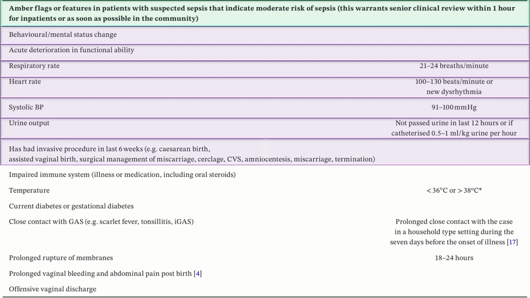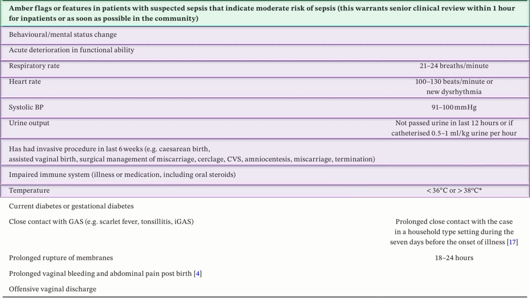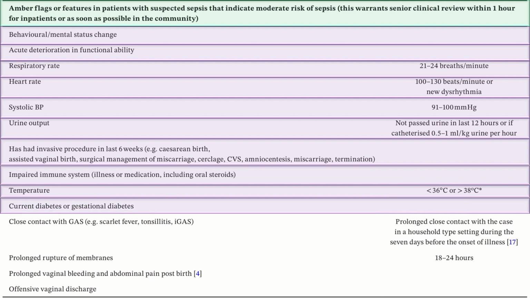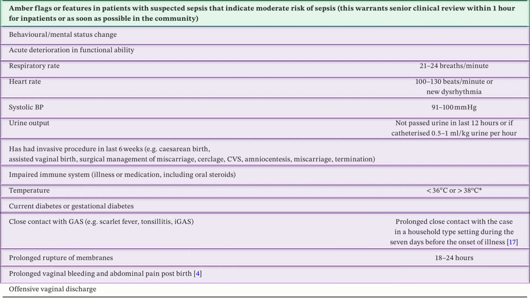Has had invasive procedure in the last 6 weeks, impaired immune system, temperature of less than 36 or more than 38, and current diabetes or gestational diabetes, close contact with GAS, prolonged rupture of membrane, prolonged vaginal bleeding and abdominal pain post-birth, and offensive vaginal discharge.